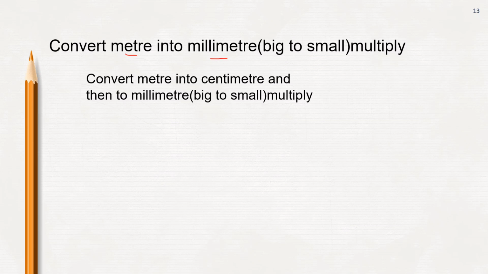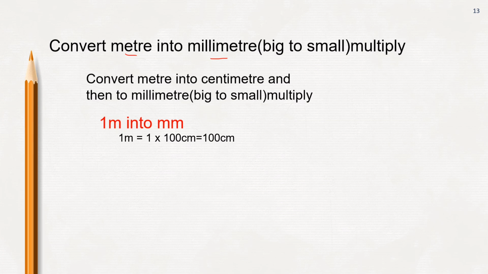So to convert meter into centimeter, what do we have to do? 1 meter is equal to 1 into 100 centimeter, because 1 meter equals 100 centimeter, right? So we will get the answer as 100 centimeter. 1 meter is nothing but 100 centimeter.